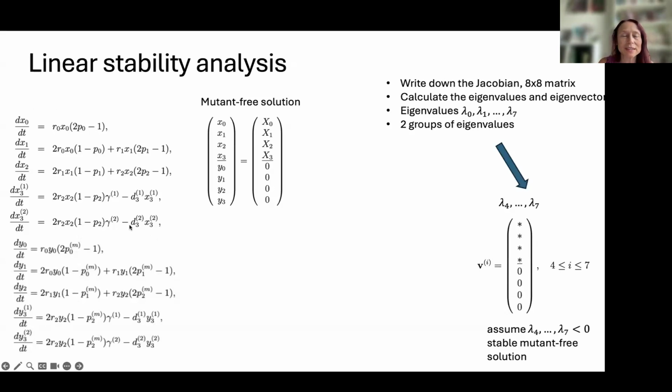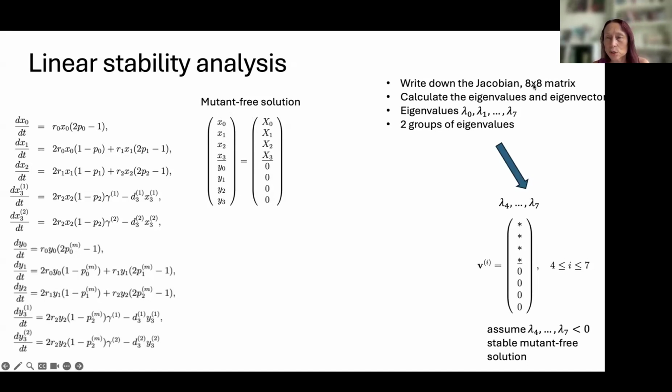So we assume that there is a mutant-free equilibrium. And in fact, we don't have to assume it. We know it's there. So we are going to write our variables in terms of a vector. The first 4 places are for normal. These are for the mutants. And the mutant-free solution has normal cells and no mutants. So this is the type of an equilibrium we are going to perturb.